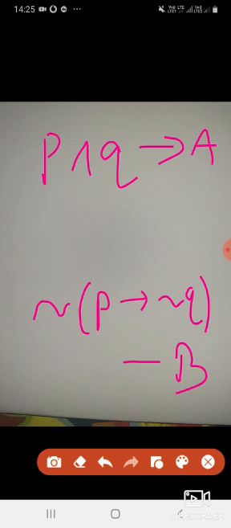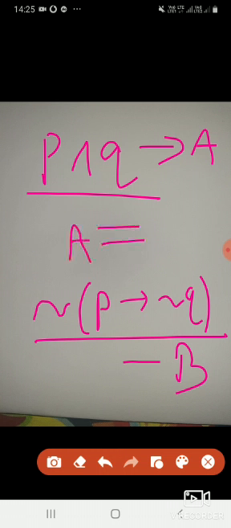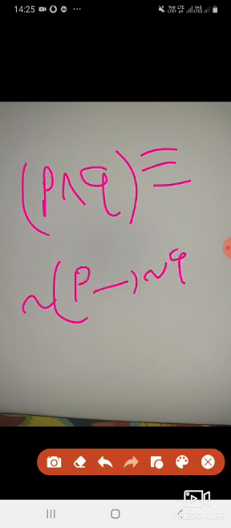Now, to check equivalence, we have to find the truth value of A, then the truth value of B. If both truth values are identical, then you can say A is equivalent to B. Or instead of saying A is equivalent to B, you can say P and Q is equivalent to negation of P implies negation of Q. Both are equivalent.